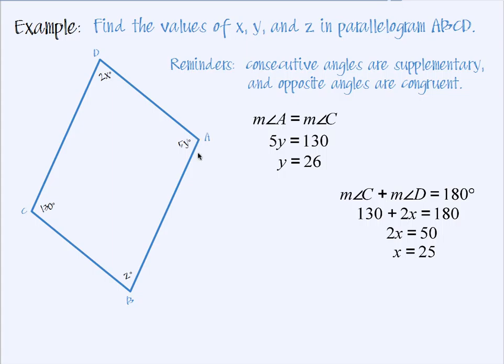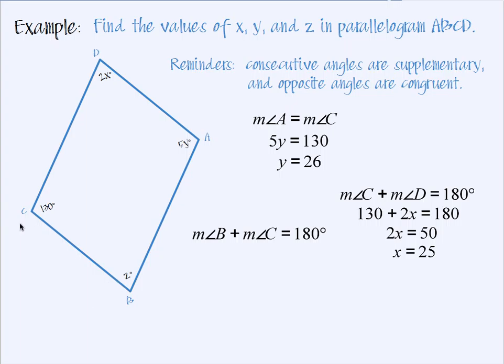Since I don't want to use x or y to find z, because if I made a mistake, that would affect my measure of z, let's use again the fact that consecutive angles, side by side, are going to add up to 180.